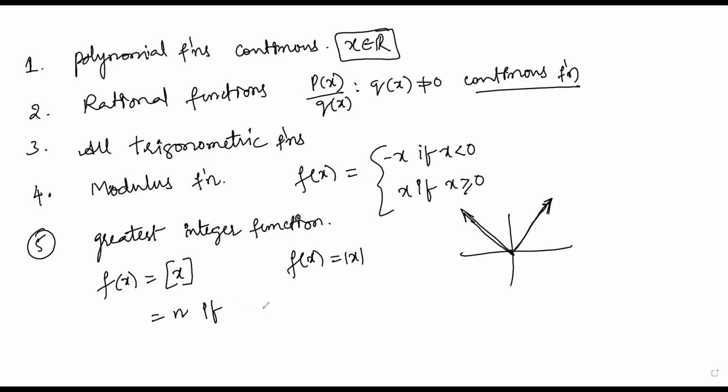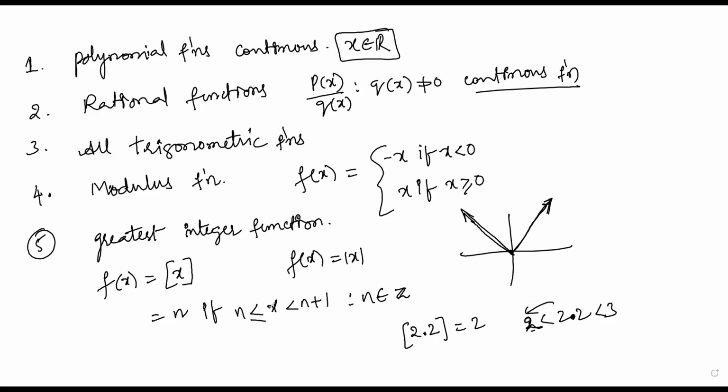This is n if x lies between n and n plus 1, where n is an integer. Like the integral part of 2.2 is 2, because 2.2 lies between 2 and 3, therefore we take 2.